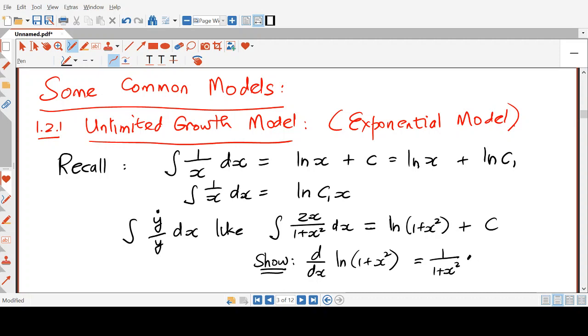What's the derivative of the inner function? 2x. So that 2x finishes up on the top. That's why I said the integral is ln. The derivative is 1 over the function times the derivative of the function itself. That's what I have here. Integral of y dot over y: the derivative upon the function. What will be the answer there?